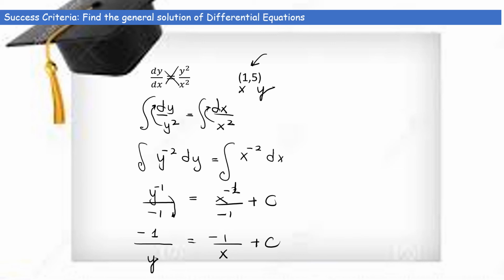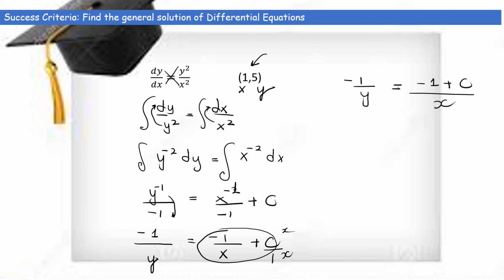Now solve the right hand side algebraically, meaning make the denominators alike. So by multiplying here by x, you will keep the denominator one time. On the top you will get negative 1 plus c, and it is equal to negative 1 over y. So if negative 1 over y equals this, what is y equal to?